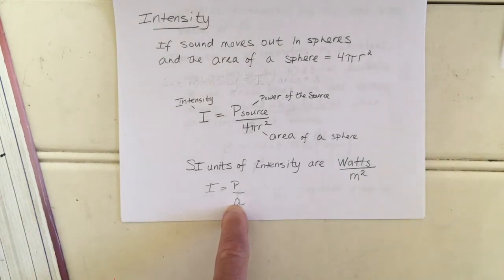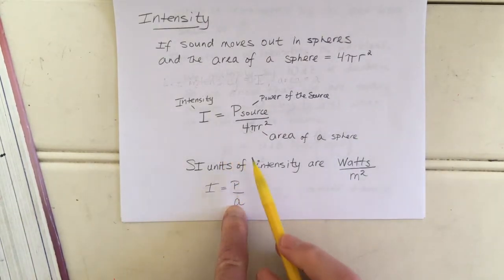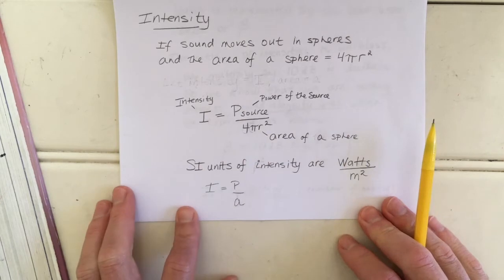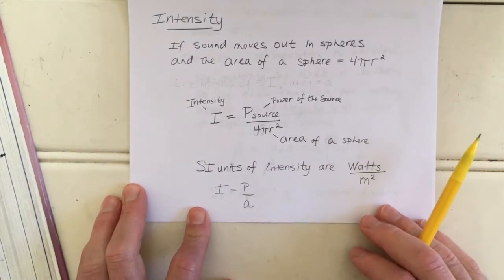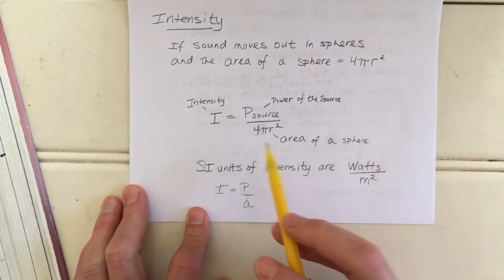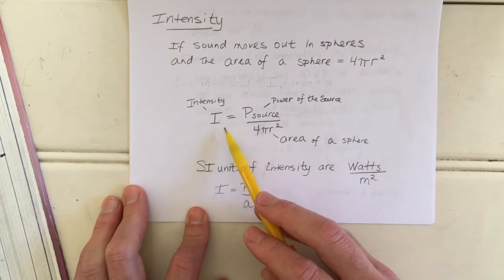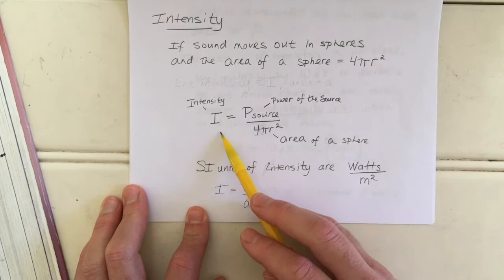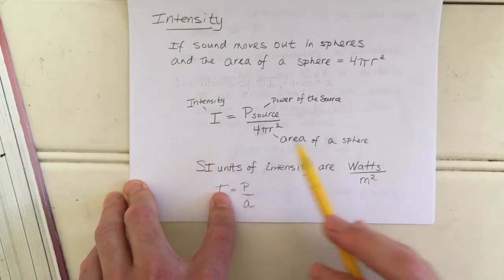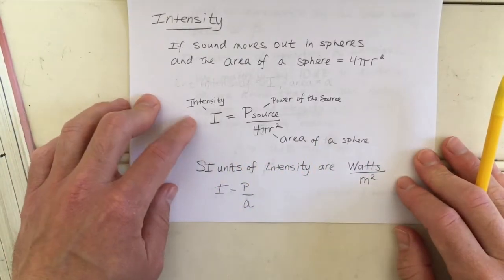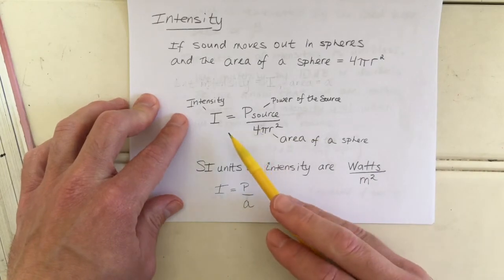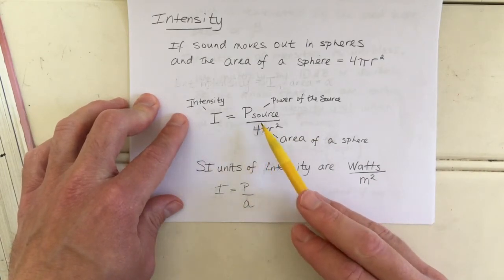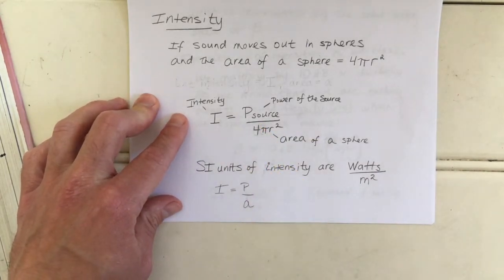I know that intensity is capital I, which looks like current, and moment of inertia, I guess, as well. But anyways, we have to ignore that for now and consider the context, right? So we use capital I now for intensity. Intensity equals the power of the source divided by the area of a sphere.